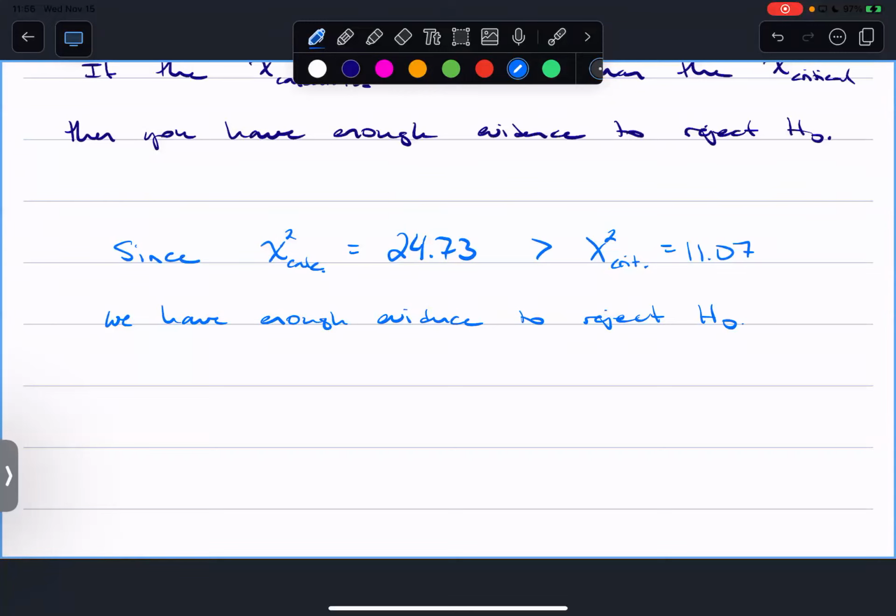Because it's more important that you either have enough evidence to reject H naught or you don't have enough evidence to reject H naught.